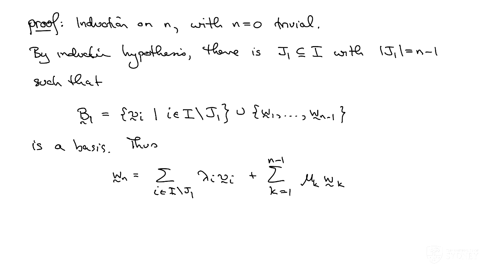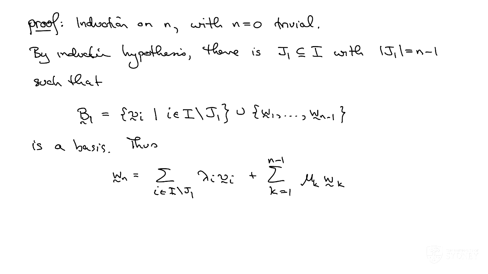Why is one of these lambda i's not zero? Yeah, exactly. The W's are all linearly independent.